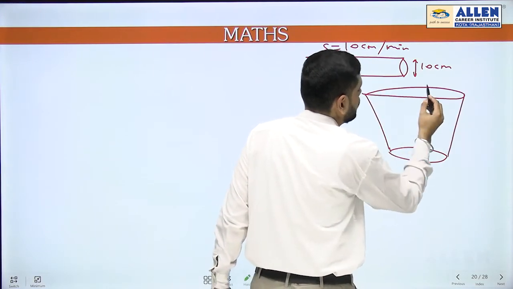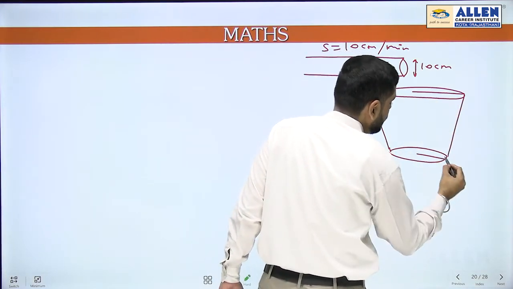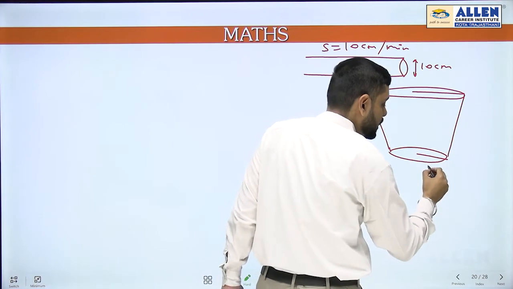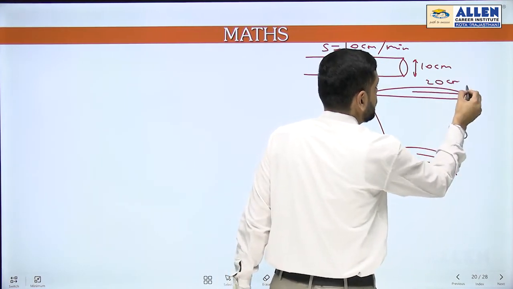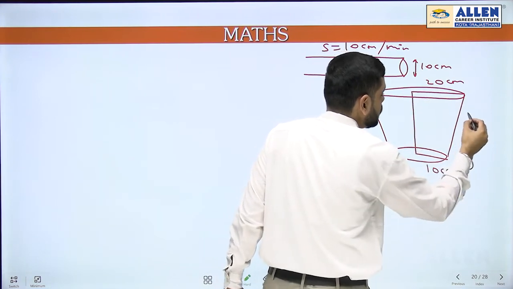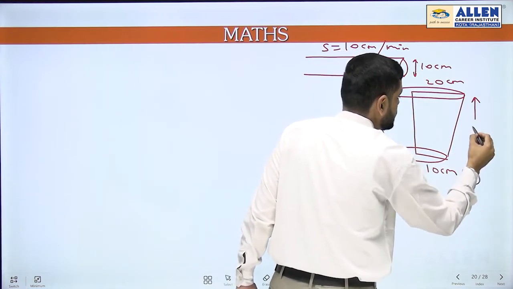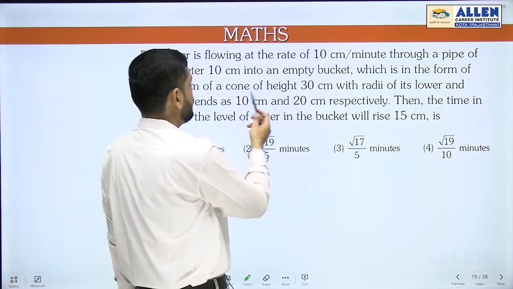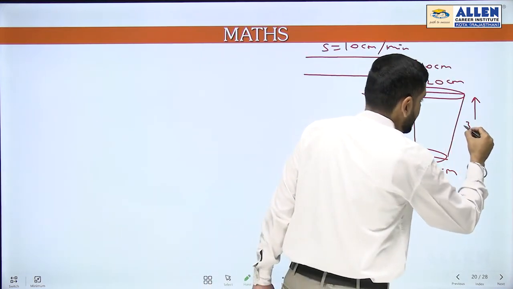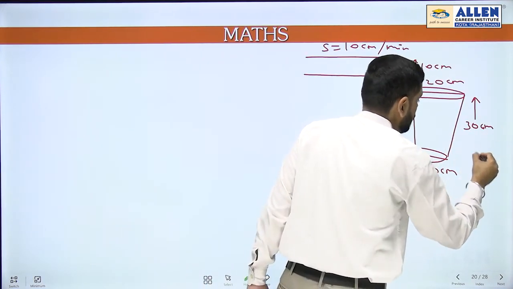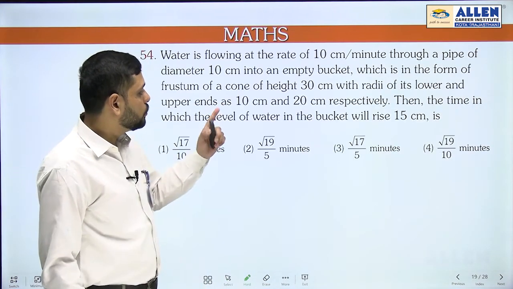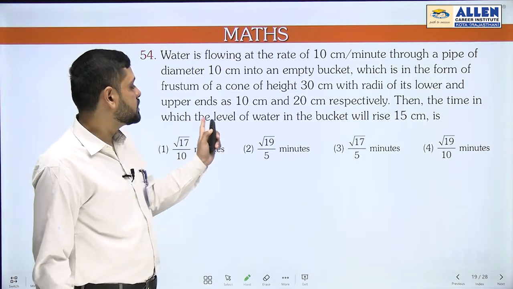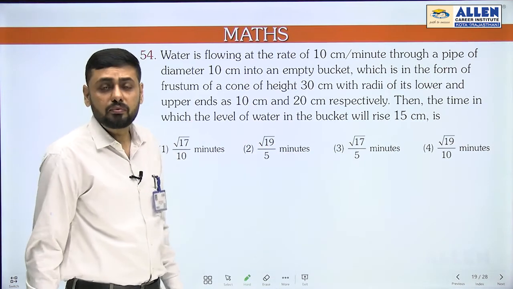Radius of lower end is given as 10 centimeter and upper end is given as 20 centimeter and height of the bucket is given as 30 centimeter, right? This is the information given based on the question, right? So now what we can do is find the time with which the level of water in the bucket will rise to 15 centimeter.